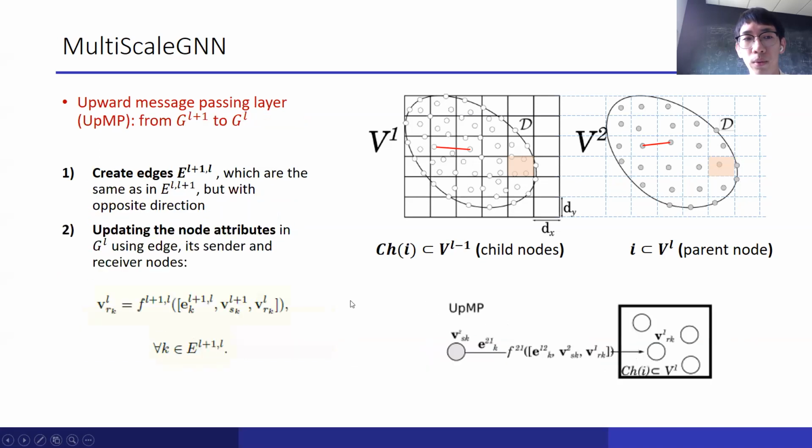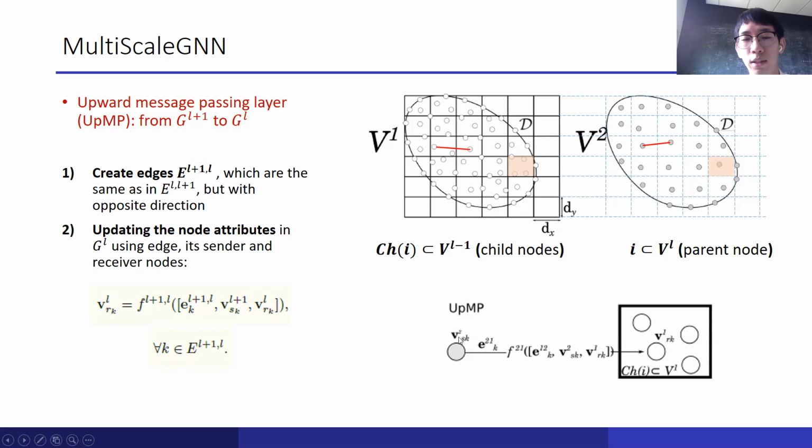And similarly, we need to pass the information upwards. So we create the same edges as the downward message passing, and use this equation to update the node attributes for the high resolution graph.